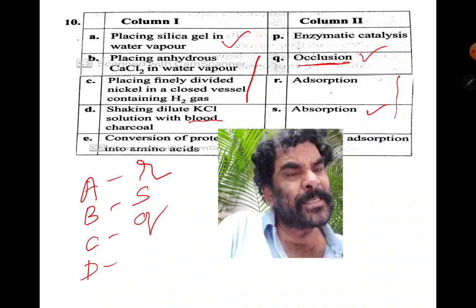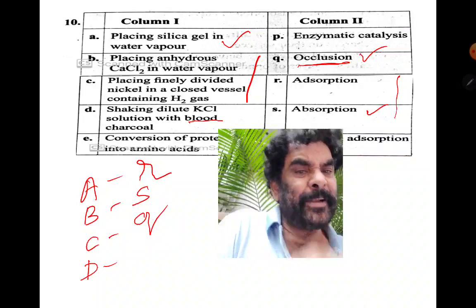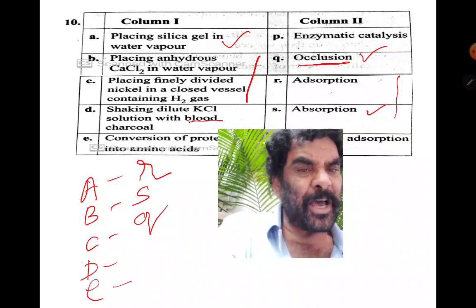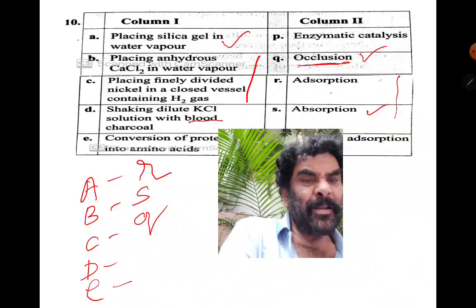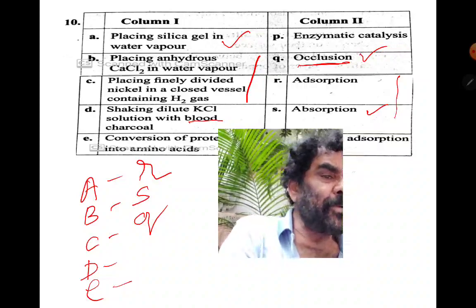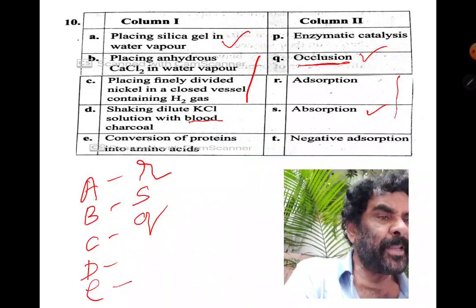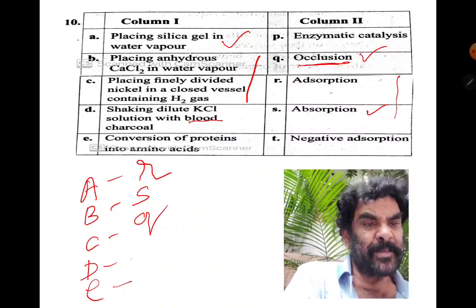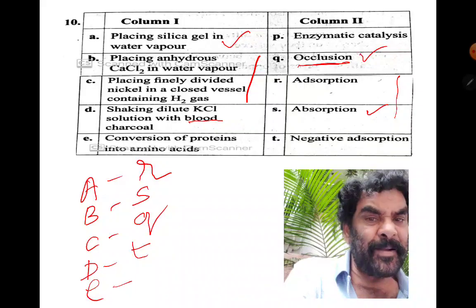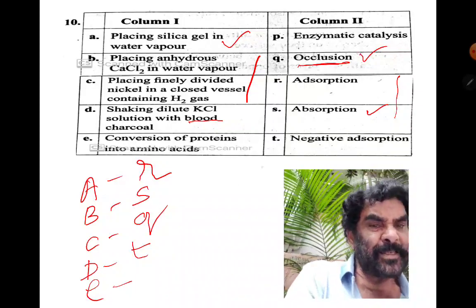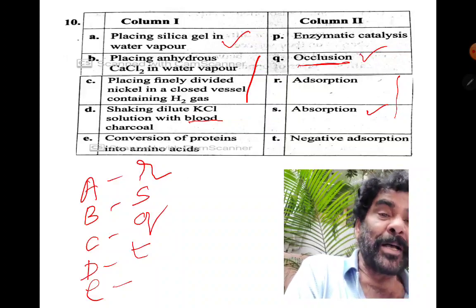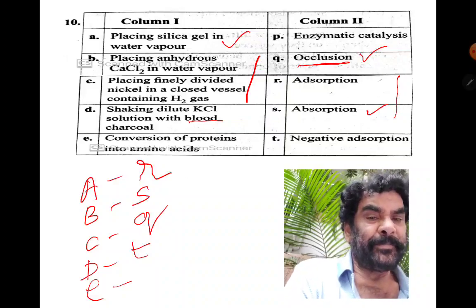That is, KCl will be more in the bulk of the charcoal and less on the surface. That is called negative adsorption. This is S and T, so D is T. If you take concentrated KCl, that is positive adsorption.